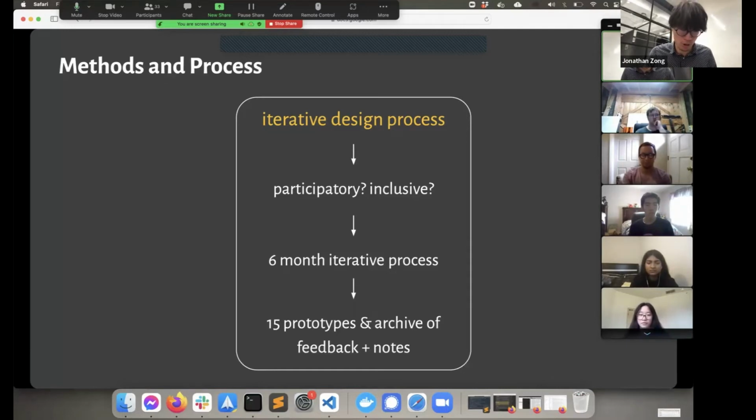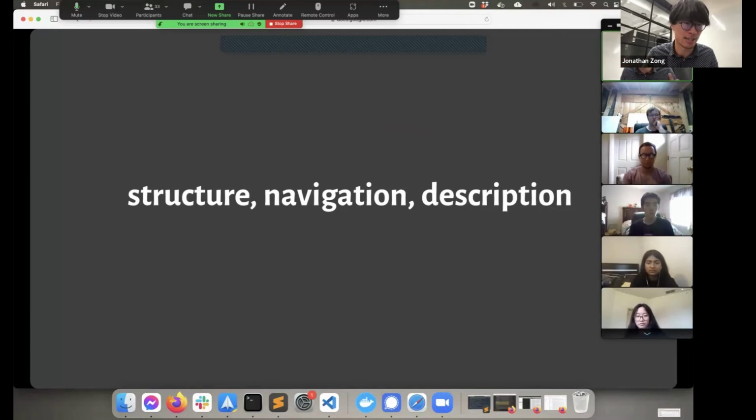And so we were reflecting on the process and all the outcomes of doing this iterative design process. And we were trying to synthesize, what did we learn from this, right? What did we learn that might be helpful to other people who are trying to do this kind of design?